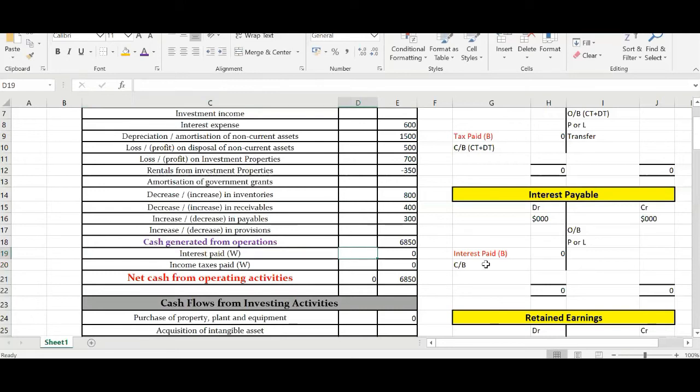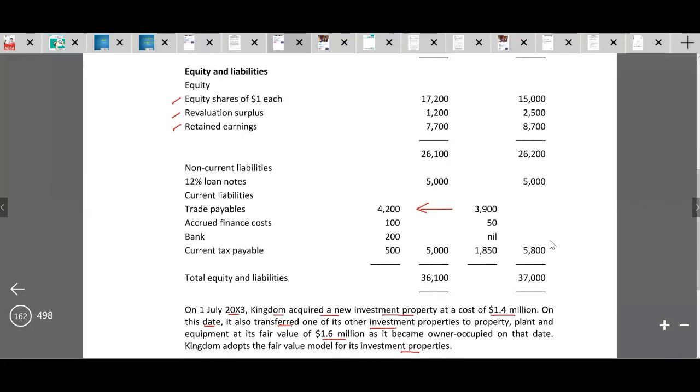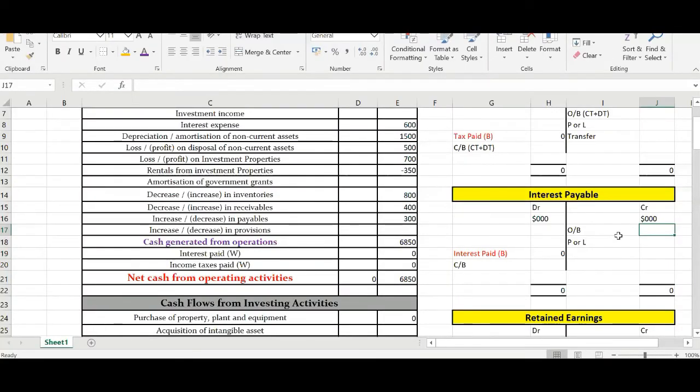So first of all, we have the interest paid. For that, we are going to use the interest payable account right in front of you on the right hand side. Let's go to the balance sheet and see whether we have any opening and closing balance related to the finance cost. Yes, we do have. If you see over here, the opening balance is 50. The closing balance is 100.